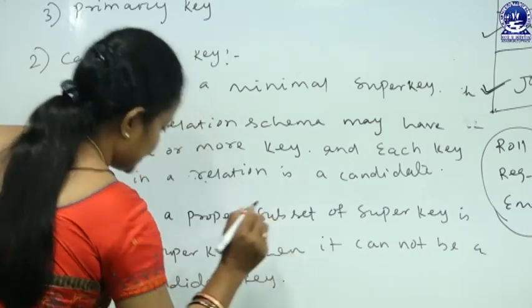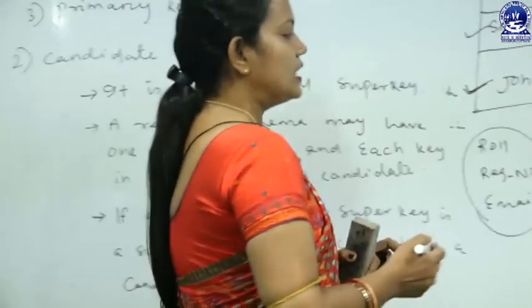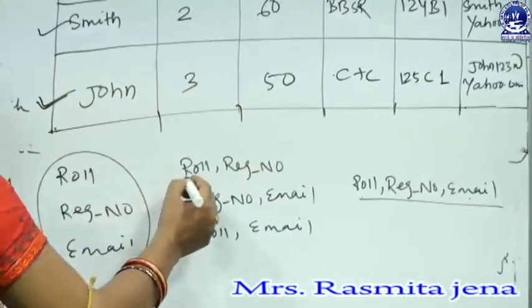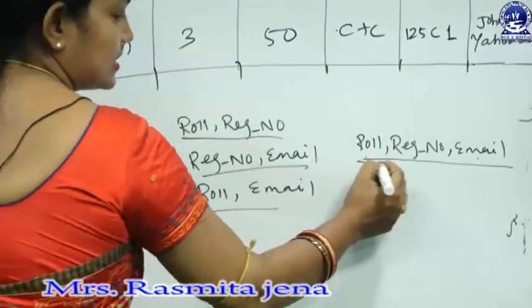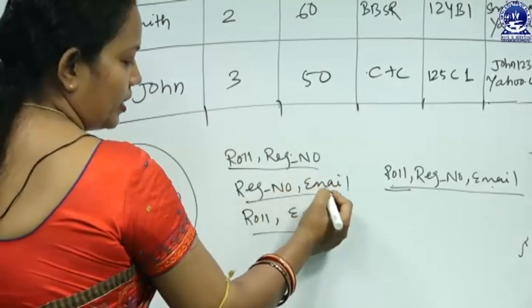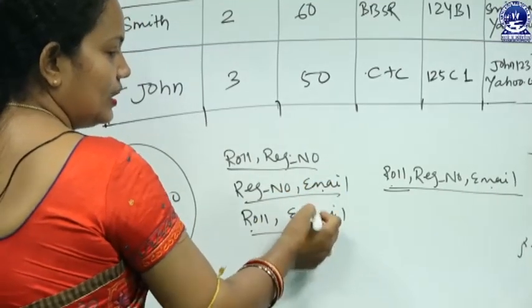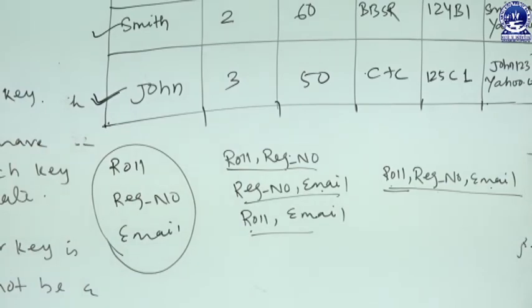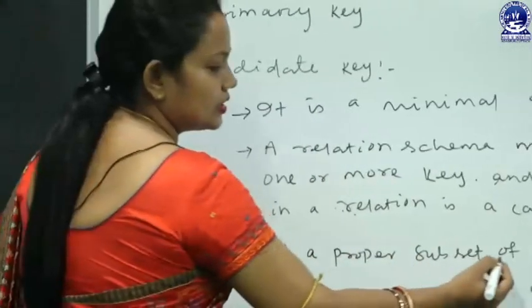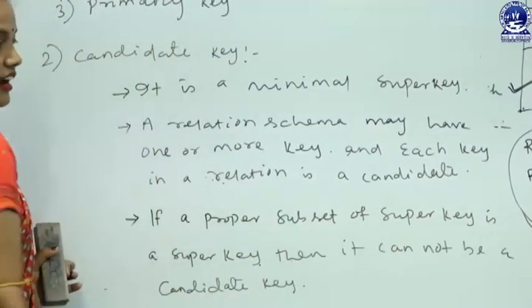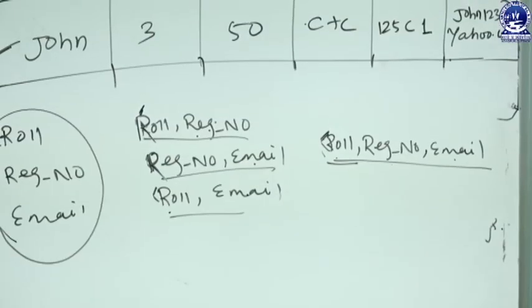Okay, so let us see the example. See, this is a super key as we already discussed, and these are also super keys. This is a super key, and roll number, registration number, email, and roll number, email, these are also super keys. As the book definition says, if a proper subset of a super key is a super key, then it cannot be a candidate key. Let us see the example.